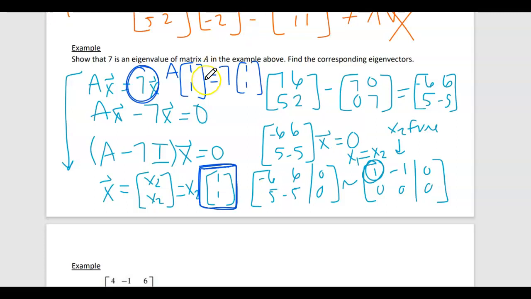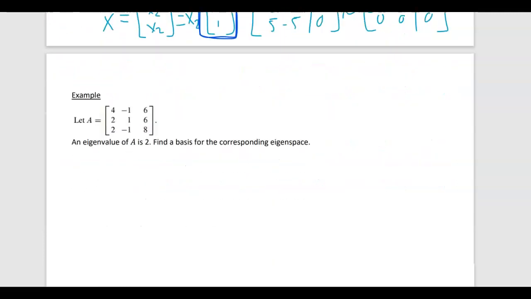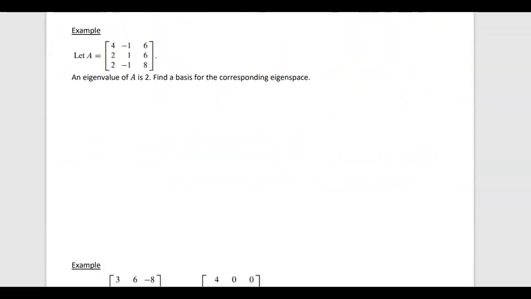All right, let's look at one more example, I believe is what we have here. Oh, no, 2. An eigenvalue of A is 2. Find a basis for the corresponding eigenspace. So we're going to set this up the same way we just did before, where we know A minus 2I times x must give me 0.